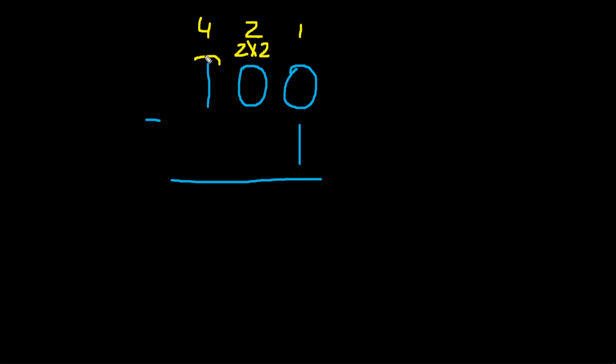What does it mean? If we borrow this rank from here, we leave 0 here, but then here we have not, like in the decimal system, just a regular 2, we have twice 2. If we want to borrow some more from here, we take this number 2 and put it here.